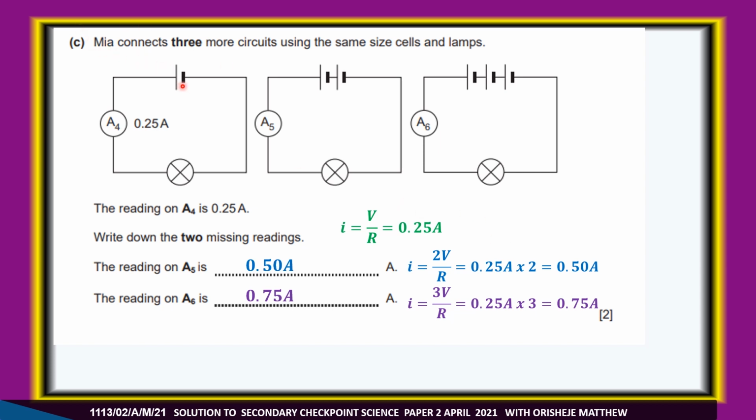Here is 1 cell having 0.2. So if you have 2 cells, the current will double. If you have 3 cells, the current is going to triple.